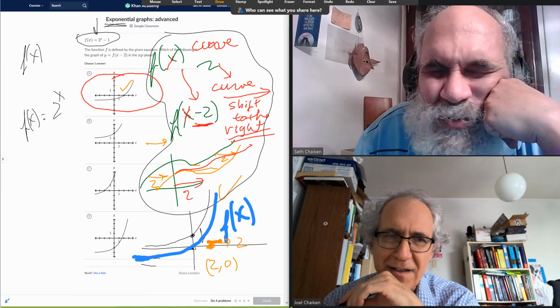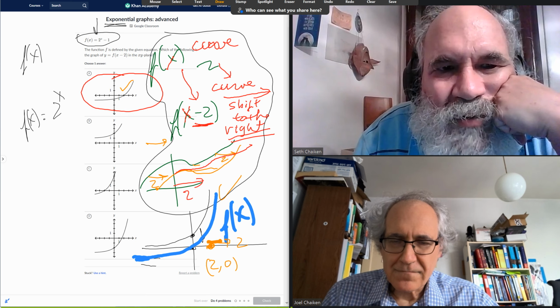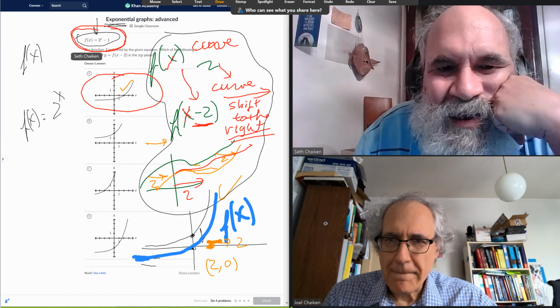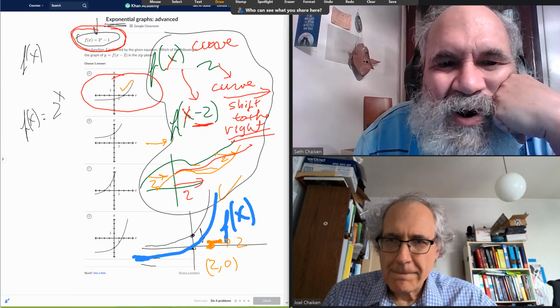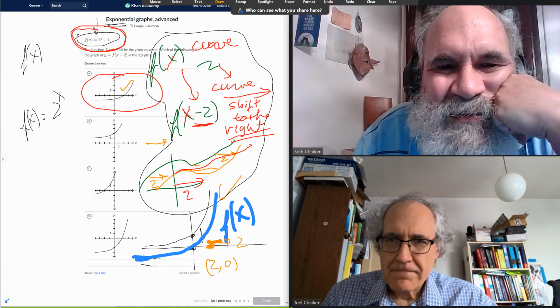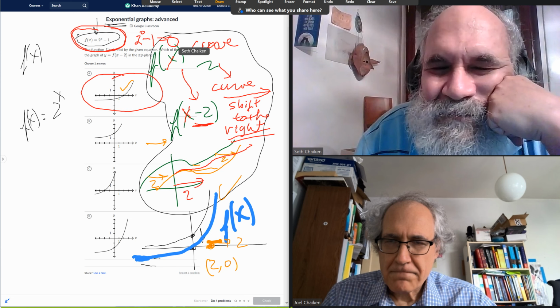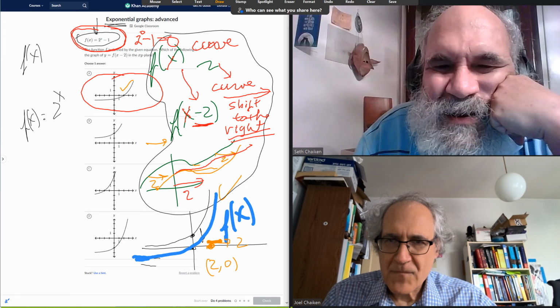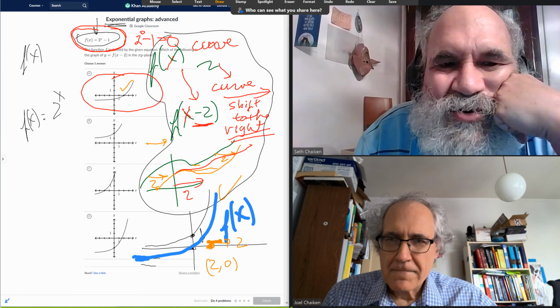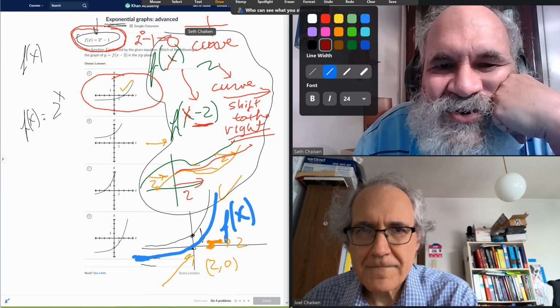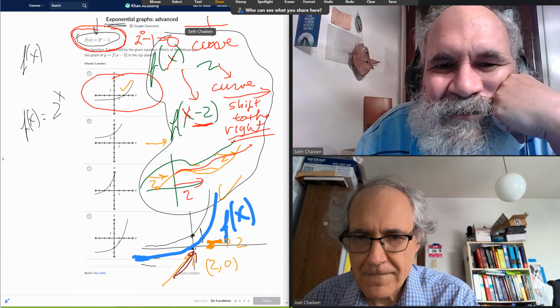Okay, I told you the way I saw this. My second approach was I saw this exponential, and I know that when x equals 0, we get 2 to the 0 minus 1, which is 0. So I recognized that this is the kind of exponential that goes through 0.